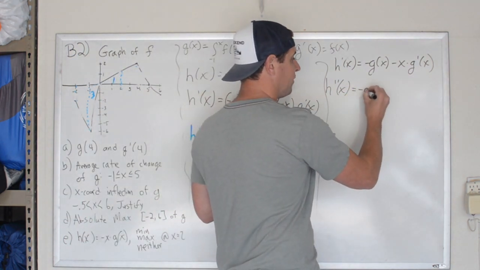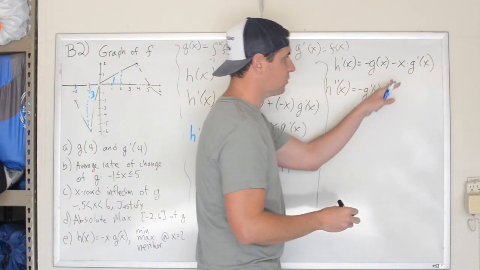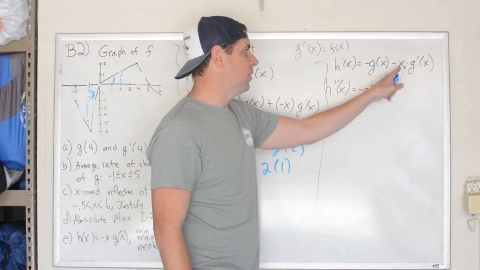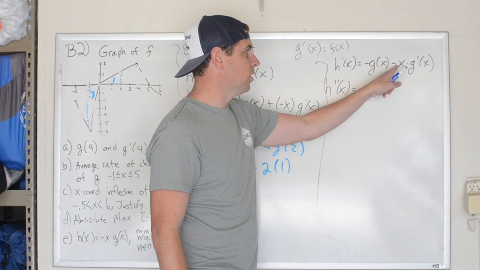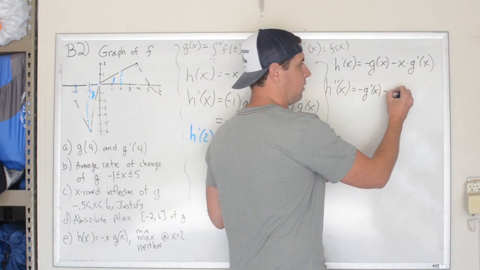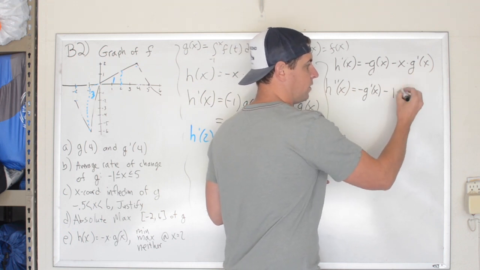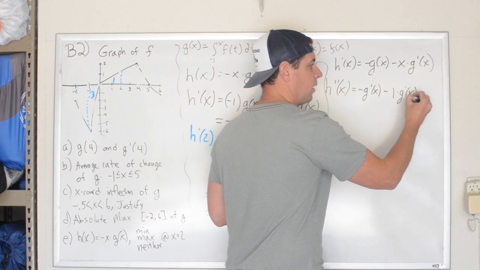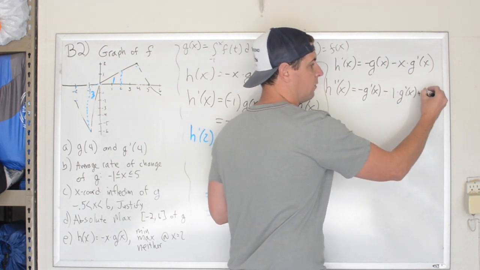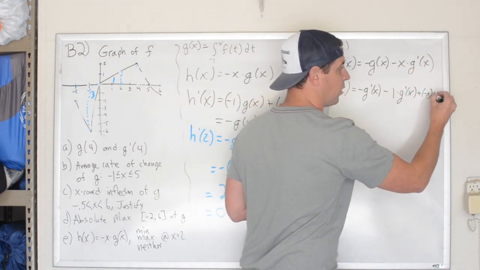That will be negative g prime of x minus, now I got to do the product rule here. I'm going to do derivative of the first, so I'm going to treat the negative x as my first function, so I'm going to treat that as negative 1. So negative 1 times just the g prime of x, plus the first one, negative x, times the derivative of the second, that's g double prime.